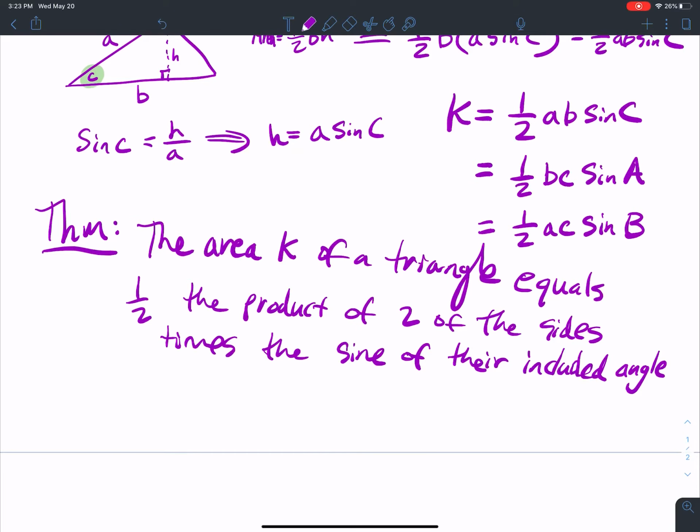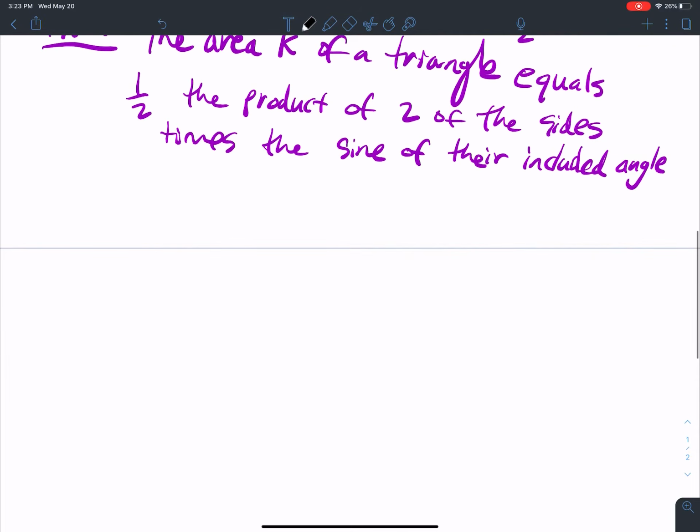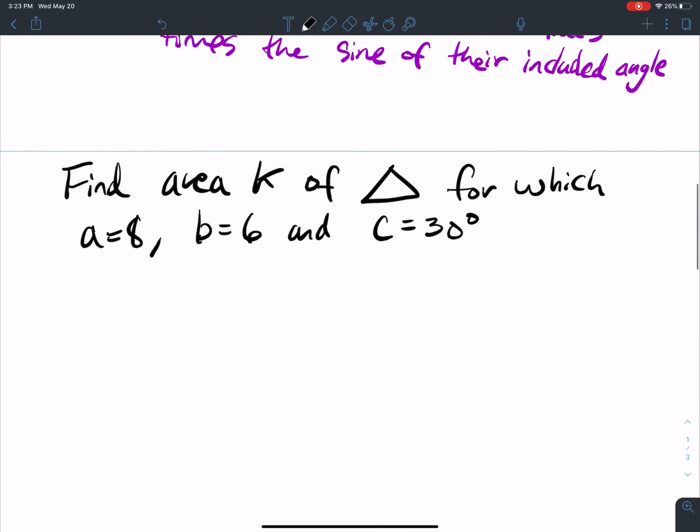All right, so let's do an application of this. Find the area K of the triangle for which A equals 8, B equals 6, and C equals 30 degrees. So what does that look like?